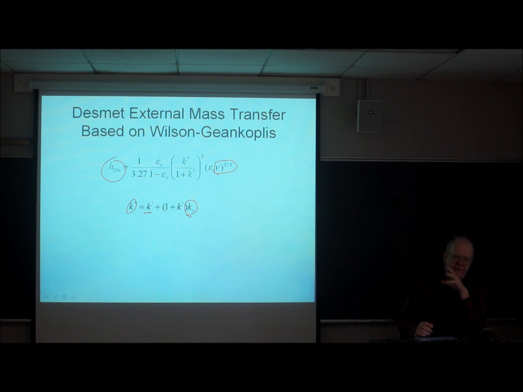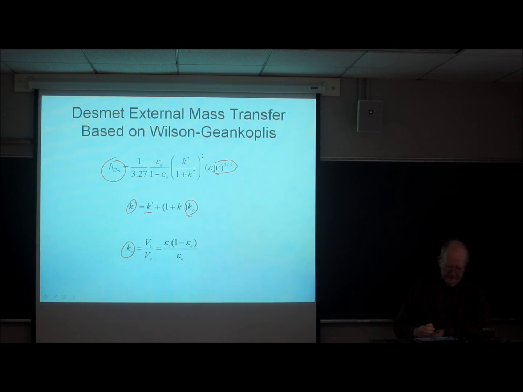But a lot of the time, 99+% of the time, we're dealing with porous materials, either core shell materials or fully porous materials. The core shell has a lower k naught value than the fully porous material, of course.